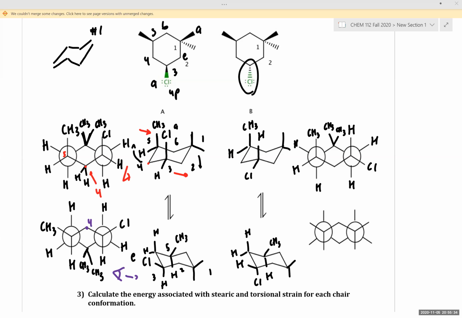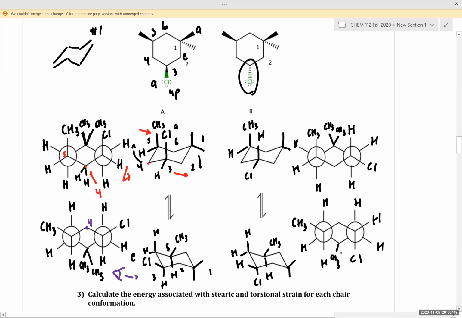But again, don't forget to flip the chloride stereocenter or it won't be very good. Okay, so now we have this set up. We have both of our Newman projections. Okay, now we're ready to do some energetic analysis.